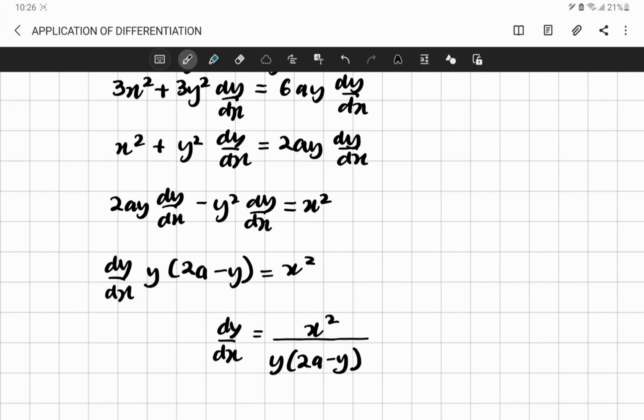Now, let us find the equation of the normal to the curve at the point where y equals 1 over 3a.